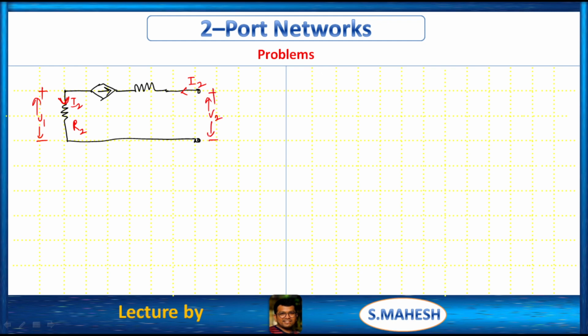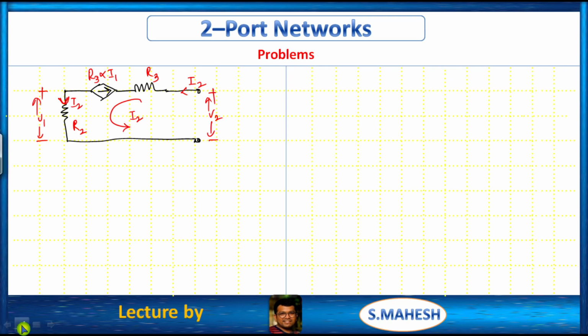This is V2, this is R3, this is given as alpha I1, but after source transformation we have R3 alpha I1. Then the current through this branch is only I2, clear?